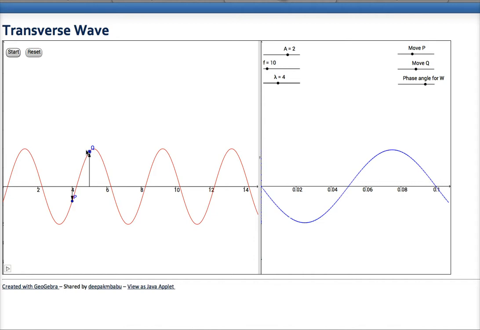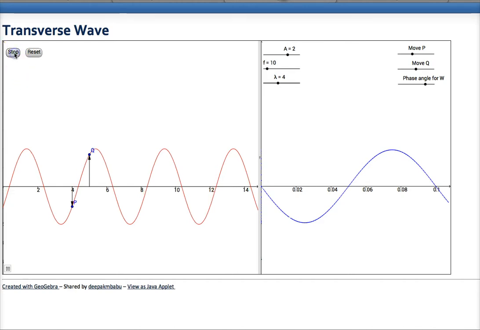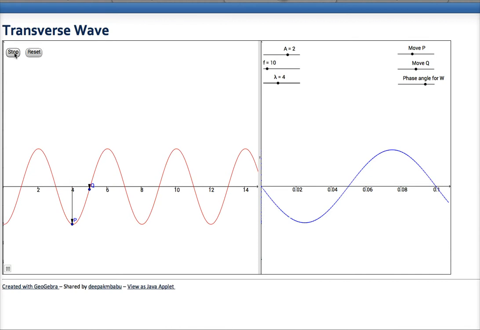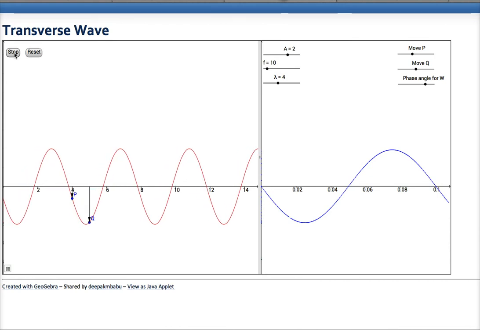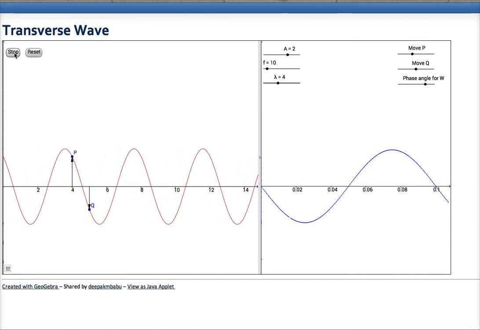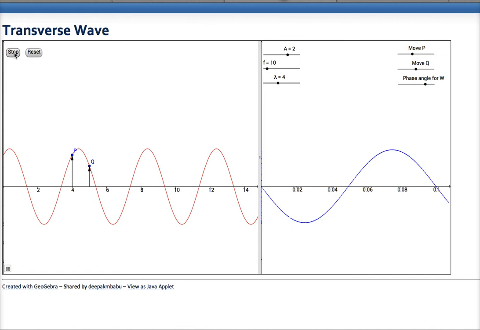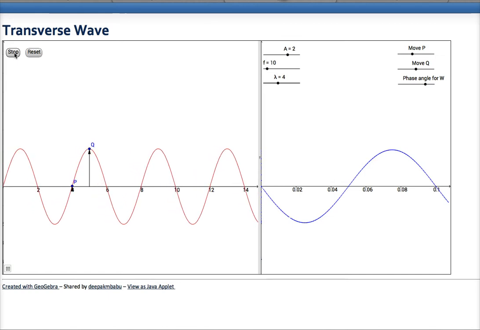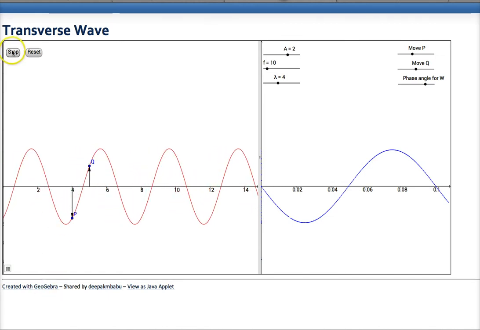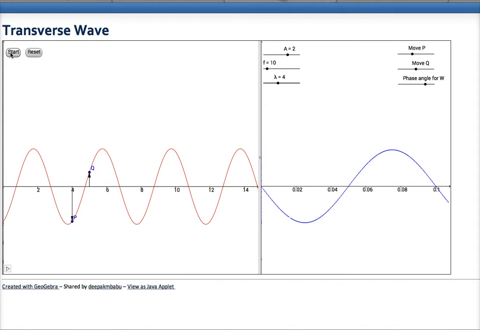Okay, let me start it again and please take a look at the velocity of particle, let's say P or Q. See where it's maximum, see where it's minimum. Okay, I've paused it again. Do we agree that the velocity seems to be the maximum when its displacement is 0, which means right at the center?